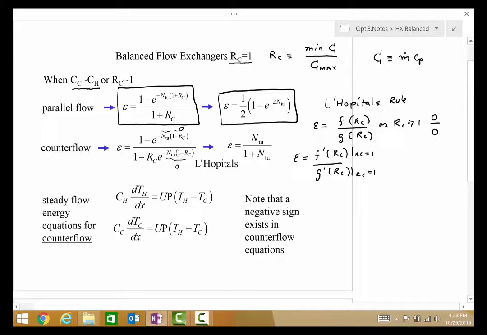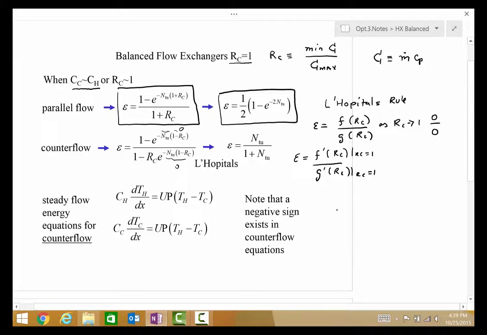For the counterflow heat exchanger, there are some other interesting things that occur, both in terms of the way that the temperature curves behave, and in particular for the case of this balanced heat exchanger formulation. So let's just take a look at this in a little bit more detail.